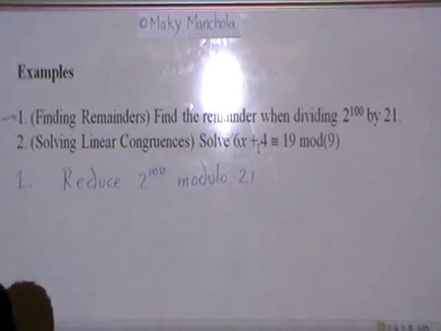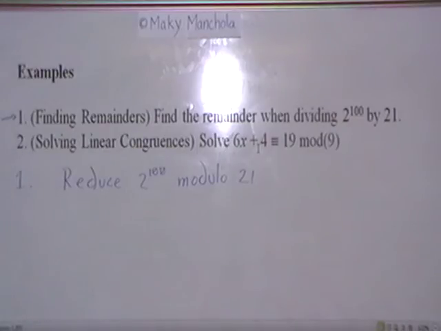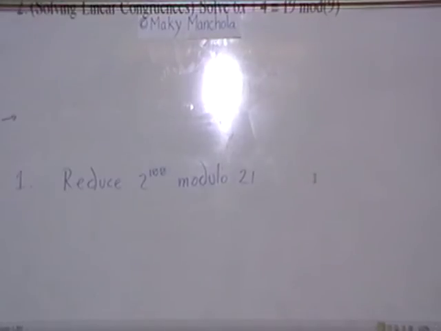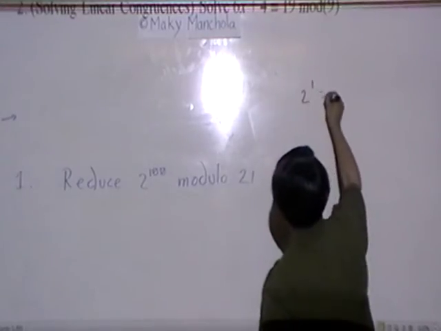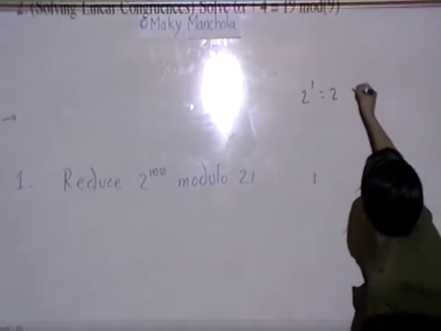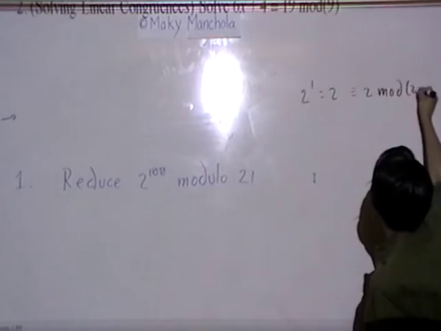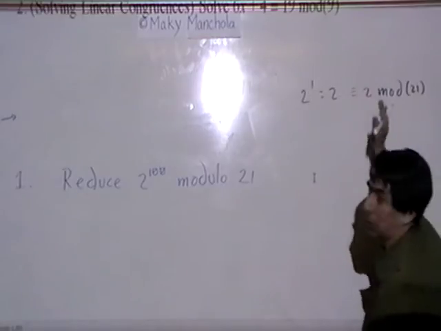It is kind of a neat example because you get to apply various of those properties that we listed. So let's begin by looking at some powers of 2. If you raise 2 to the first, you get 2. That happens to be congruent to 2 mod 21. So if you find the remainder when dividing 2 by 21, you get 2 back.